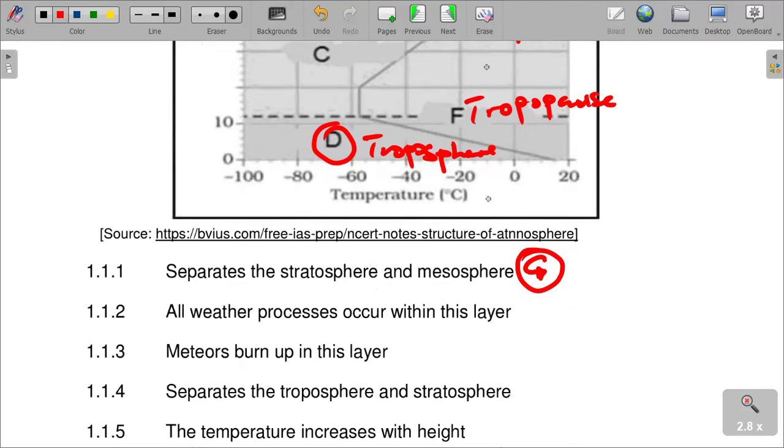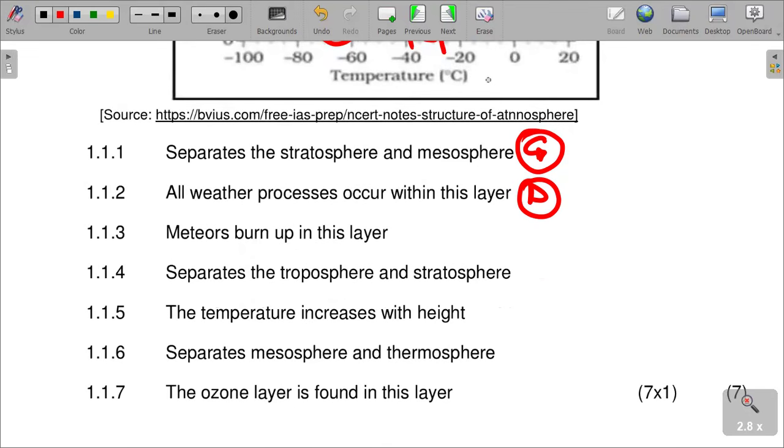Number two: all weather processes occur within this layer. All weather processes occur within the troposphere, which is D.